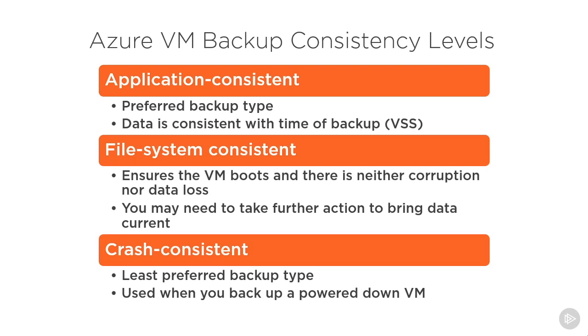You might find after doing a restore of a crash consistent backup that Windows will have to run check disk operations to ensure disk consistency before the operating system loads. The good news is that Azure VM Backup will record the type of consistency that it applied for each of your backup snapshots.